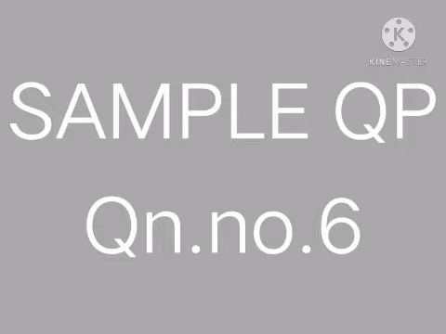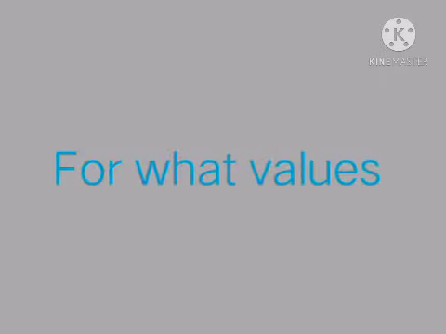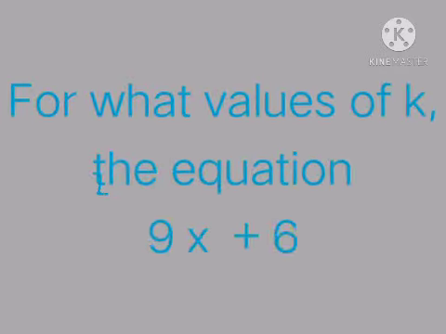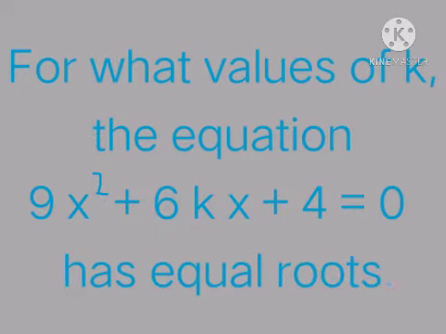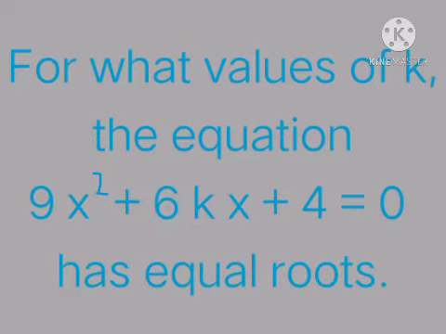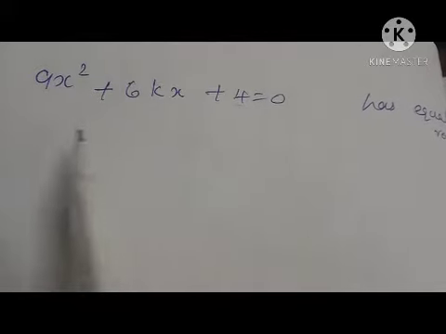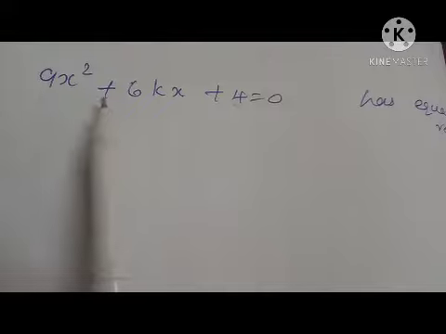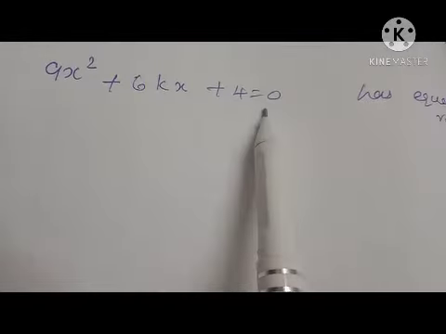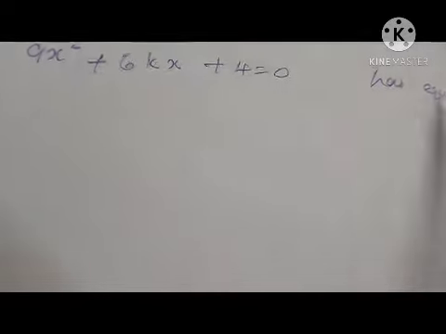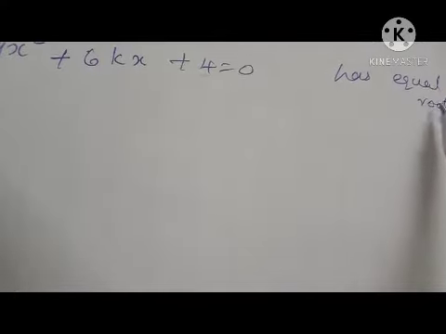Then question number 6. For what values of k does the equation 9x square plus 6kx plus 4 equals 0 have equal roots? In this question it is given that 9x square plus 6kx plus 4 equals 0, that is a quadratic equation, and it has equal roots.